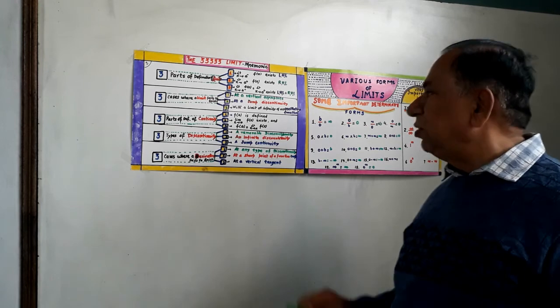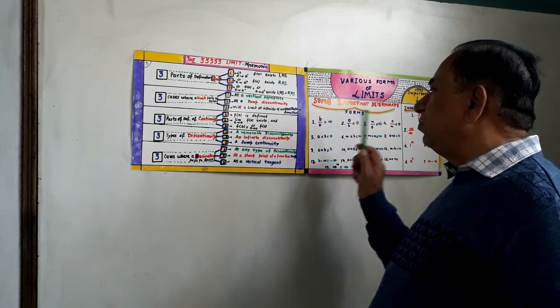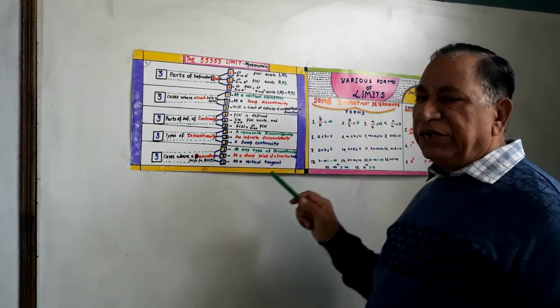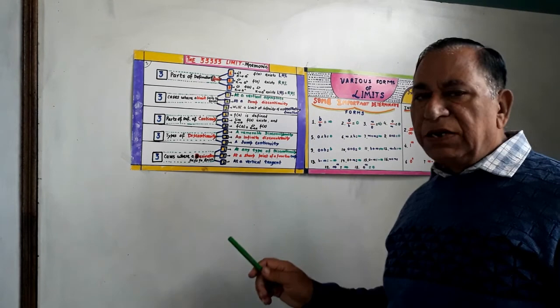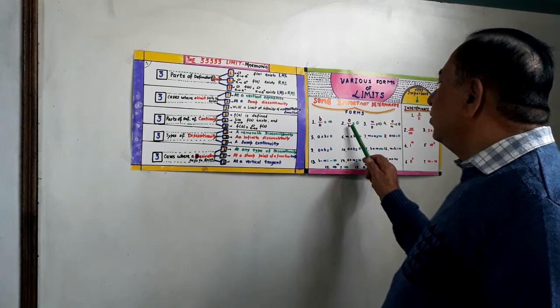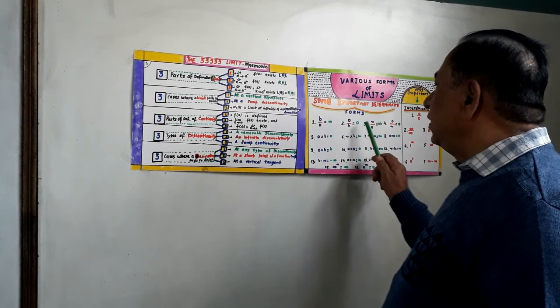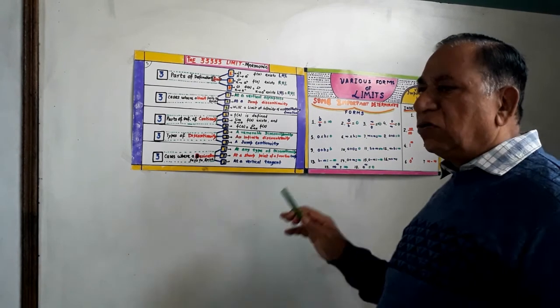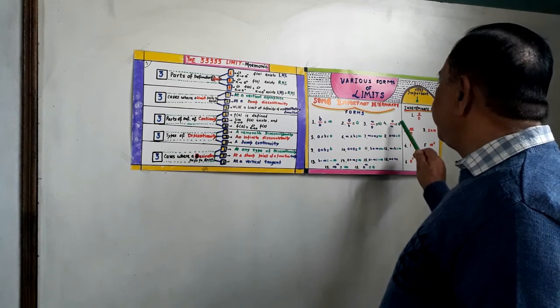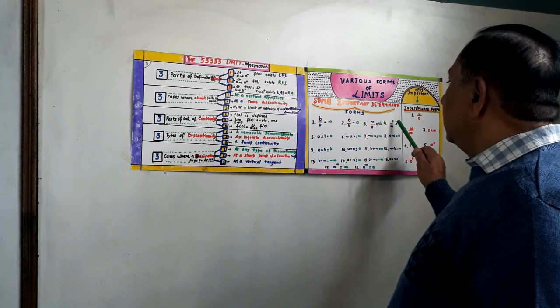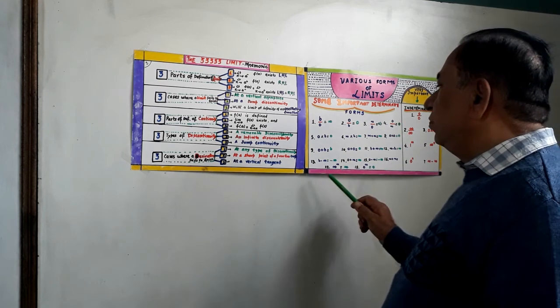Whenever 0 is in the denominator, the number becomes infinite. 0 over b, when 0 is in the numerator and b is in the denominator, becomes 0. Infinity over 0 is infinity. 0 over infinity is 0.